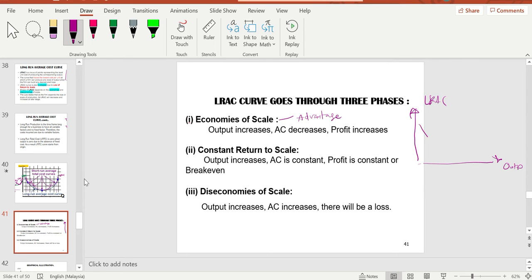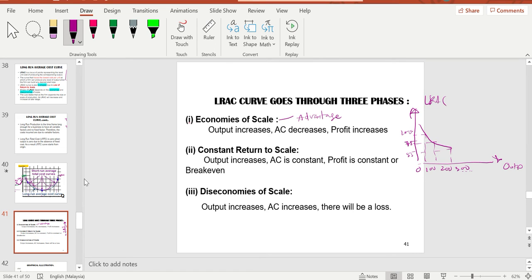Bila kita add output, cost kita makin lama makin menurun. For example, ni 0 output, ni 100 output, ni 200 output, ni 300 output. Look at the cost. Asalnya cost 1000, lepas tu cost jadi 100, lepas tu cost jadi 75, lepas tu next cost jadi 55. See, the cost keep decreasing walaupun output bertambah.